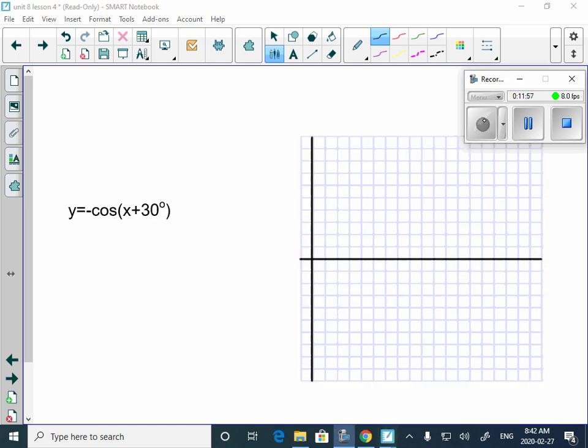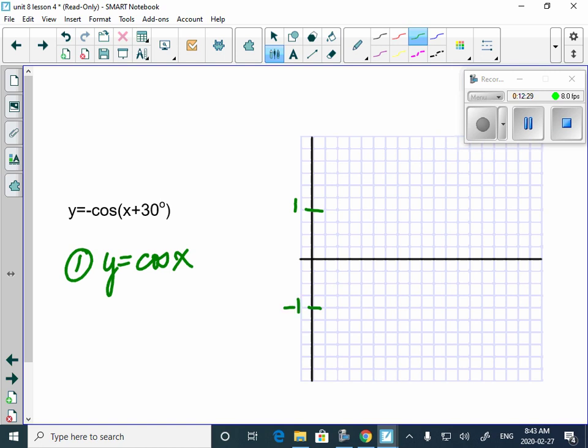Let's do 2 more together. All right, for this one, I first see that my parent function, my starting function is y equals cos x. So I'm going to draw that first. Cos starts at the maximum, and my maximum is 1. This one, I am not doing any vertical stretches, spoiler alert, so I can spread that 1 and negative 1 out and have lots of room.